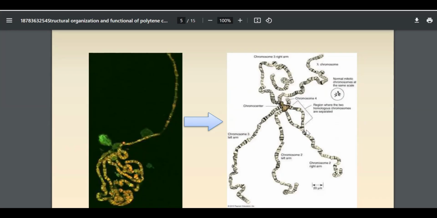But this shows what? The homologous sequences in those chromosomes, which are synapsed. Now, if you see the dimensions, it is 20 micron size, right? So if it is a single one, against this scale you can just compare the size of this giant chromosome.